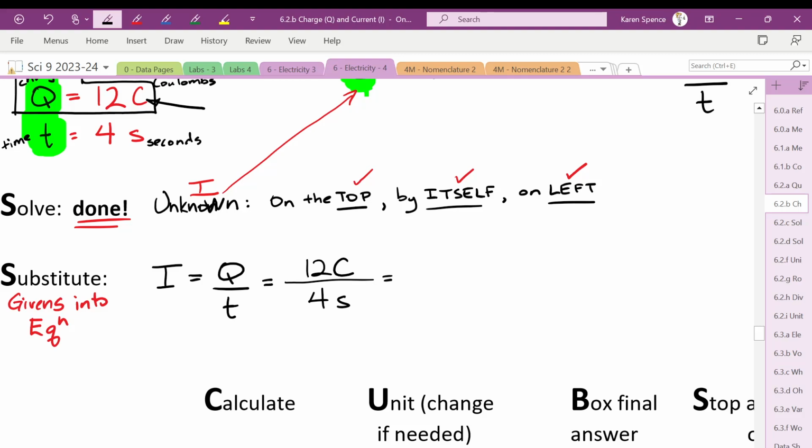Because we'll be using it up until Christmas, okay? So 12 divided by 4, how much is that? 3. And then after we've calculated, what do we need? We need our unit. What is our unit? And we look here and we say it is coulombs per second.